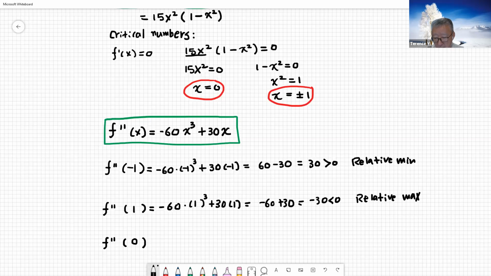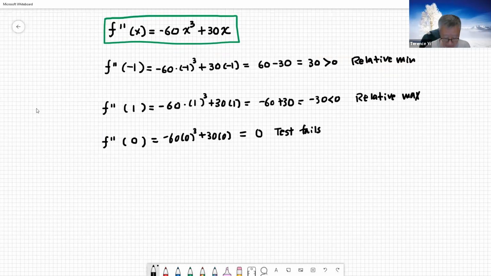If we plug in 0, let's find out what we get. Minus 60 times 0 to the cube plus 30 times 0, you get 0. So in this case, this test failed. But we pretty much found out what the relative minimum and maximum were.